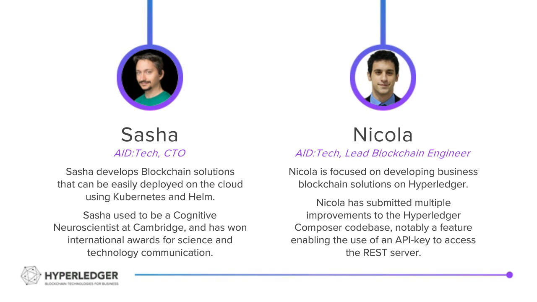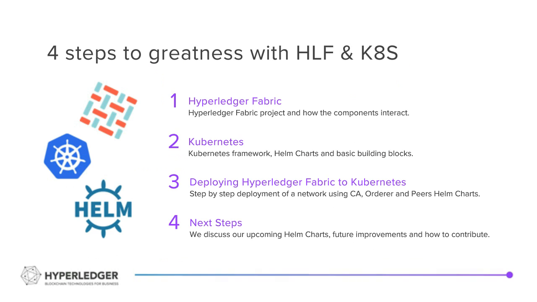Okay, so we can introduce the webinar. We will split this webinar into 4 sections. First, we will describe the blockchain framework Hyperledger Fabric. Then we will give an introduction to Kubernetes, which is a platform for deploying microservices. In the third and main section, we will walk through a step-by-step deployment of the Fabric CA, the Orderer and peers using Helm Charts.